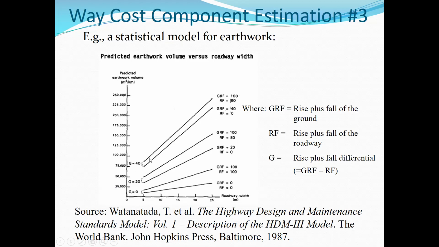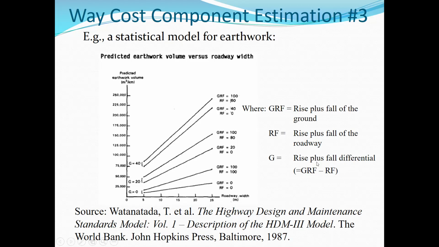And you can see that the G value, the rise plus fall differential, is the same. But the cost is still different if you're dealing with a higher elevation. So you can see that the net value, the rise and fall differential, is exactly the same.